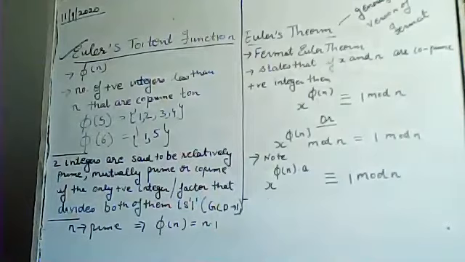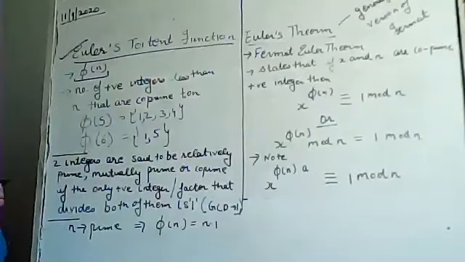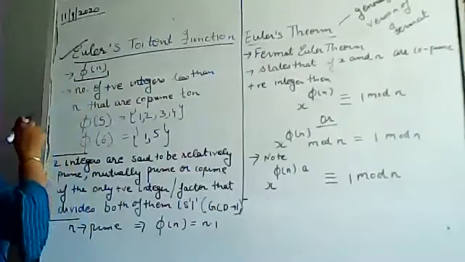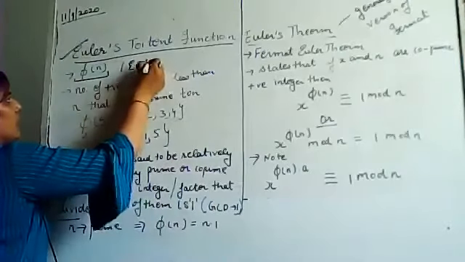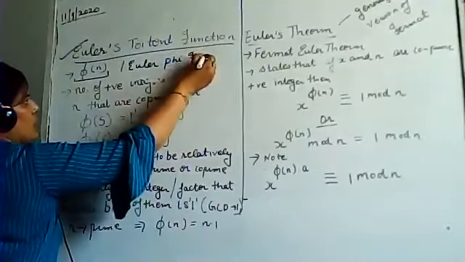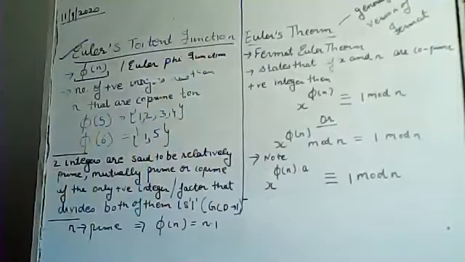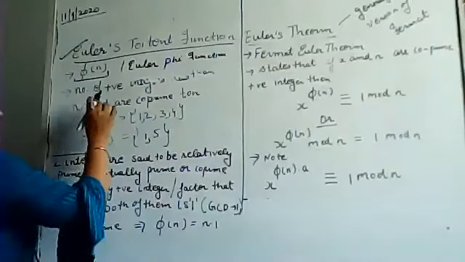First of all, we represent this function with the symbol phi(n). It can also be known as Euler's phi function. Either it is known as the phi function, or we can say that this is Euler's phi function. Clear?